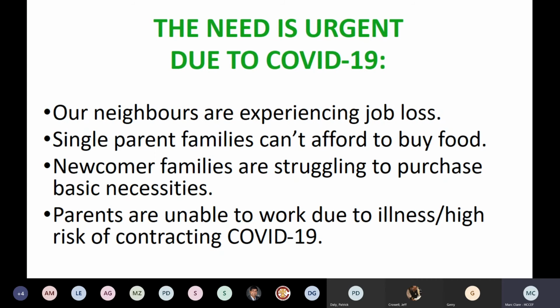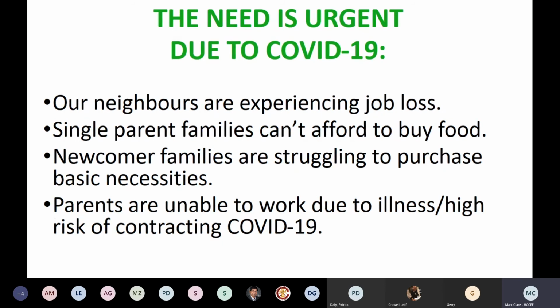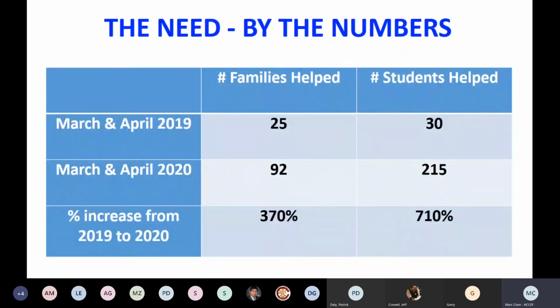Once the school has received approval for their application, they are able to use their school credit card to purchase gift cards for the family, and then we issue a check back to the school as reimbursement of those expenses. So here's the need by the numbers.